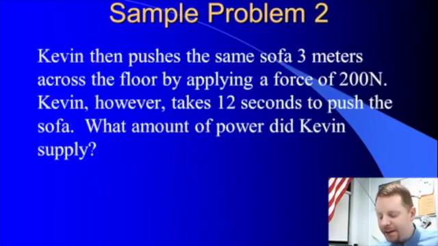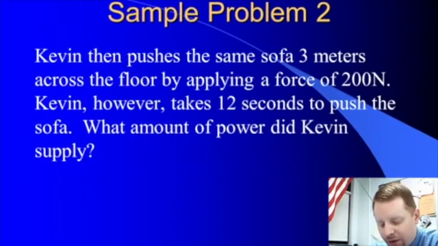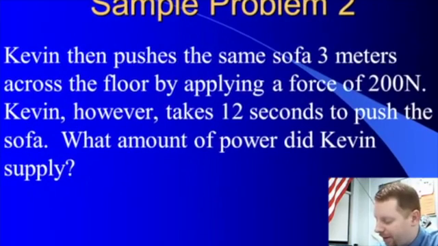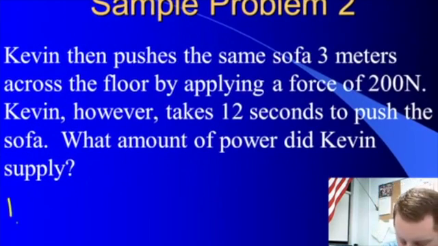Now, same sofa, but Kevin pushes the same sofa 3 meters across the floor by applying a force of 200 newtons. It takes him 12 seconds, however, to move the sofa. What amount of power did Kevin supply? Well, same formula again.